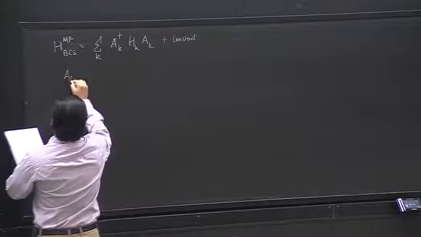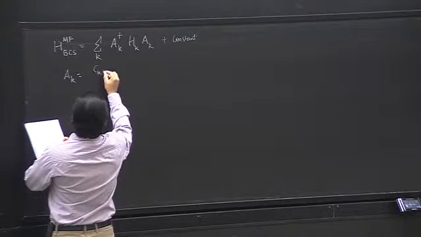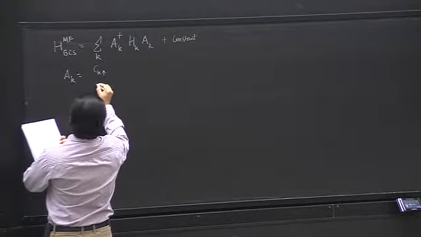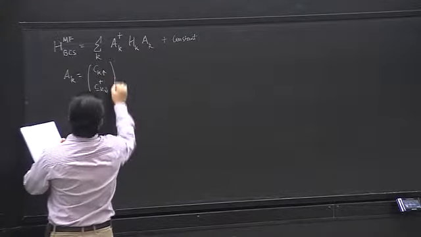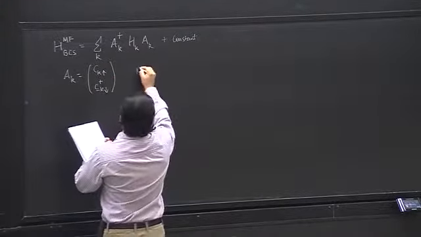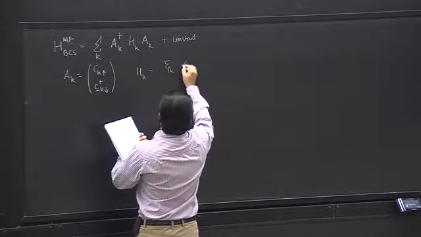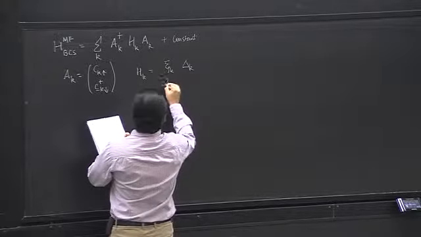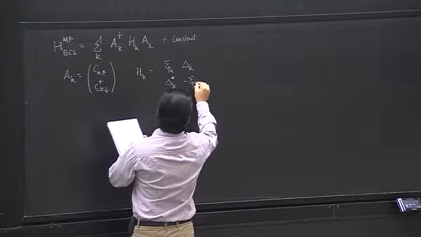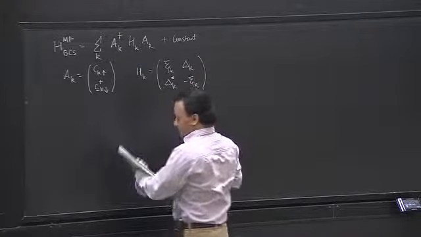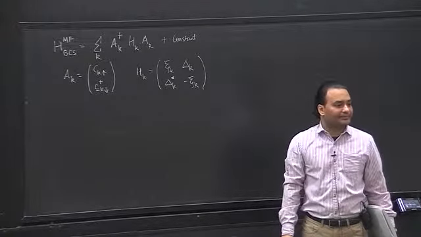So this AK is really a column vector with CK up and C minus K down dagger. Any questions?